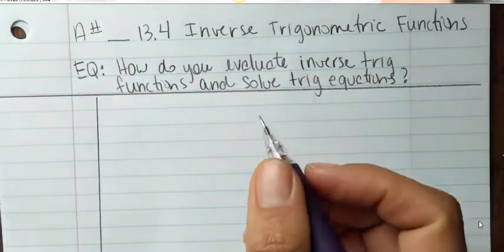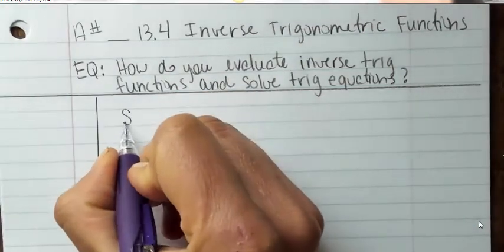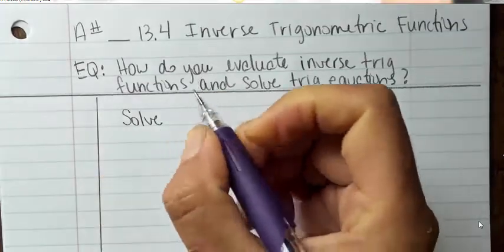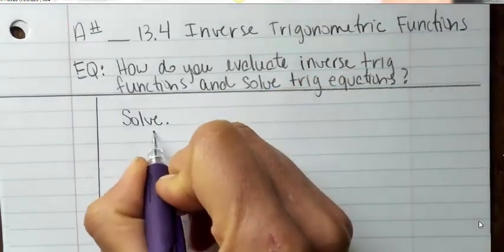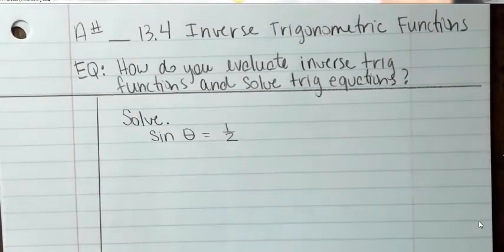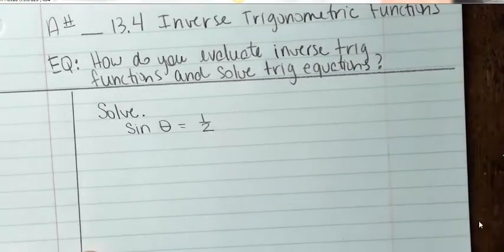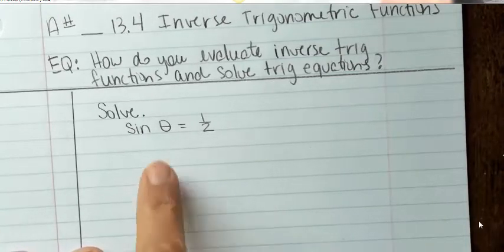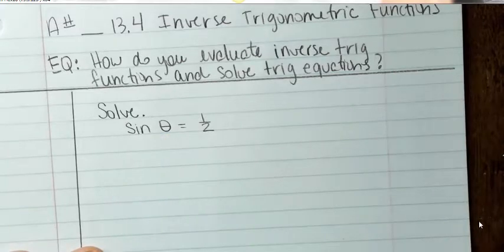I'm going to start right in with something that you already know how to do from last year. We're going to solve sine of theta equals 1/2. What this is saying when it says to solve is you have to get the variable by itself. In this case, the variable is theta. That's the thing that we don't know.